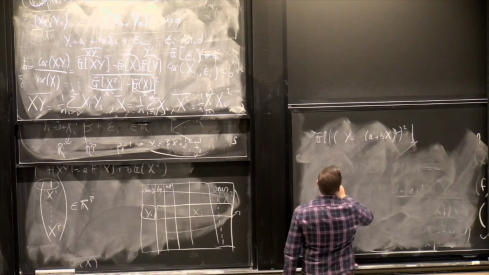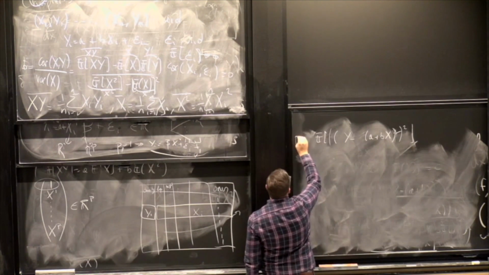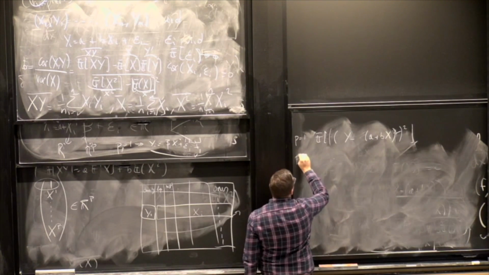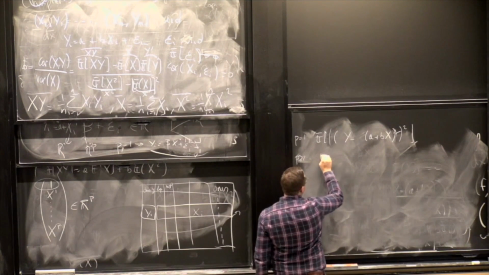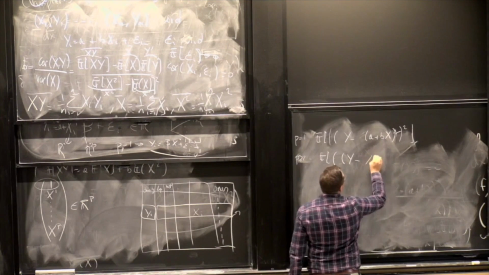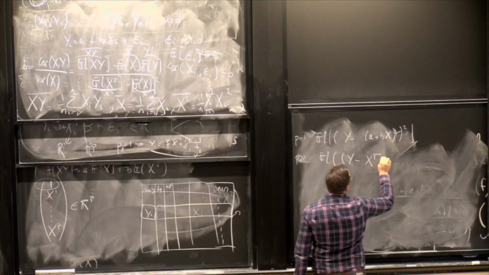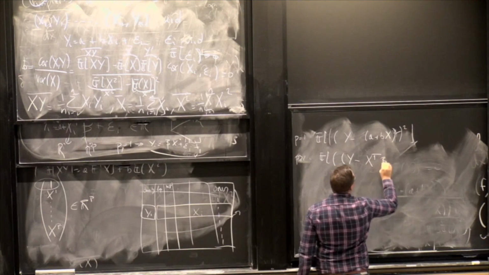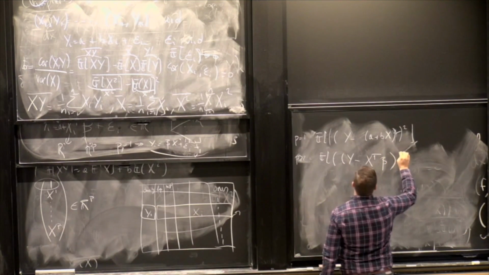That's for p equal to 1. Now for p larger than or equal to 2, we're just going to write it as (y minus x transpose beta) squared.